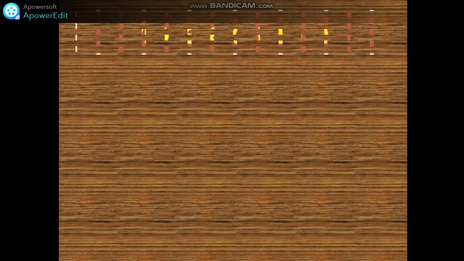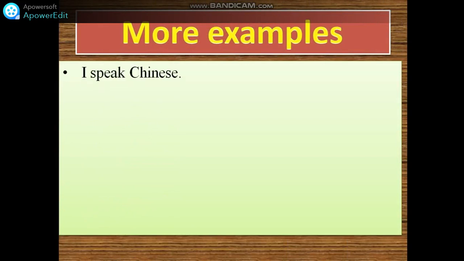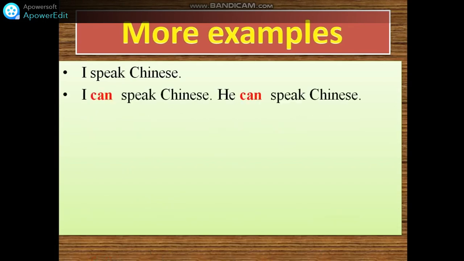Good. Let's move on now. More examples. I speak Chinese. Now look at this sentence. It's a normal sentence. I speak Chinese. Now, if I say I can speak Chinese, he can speak Chinese, here I am using can.